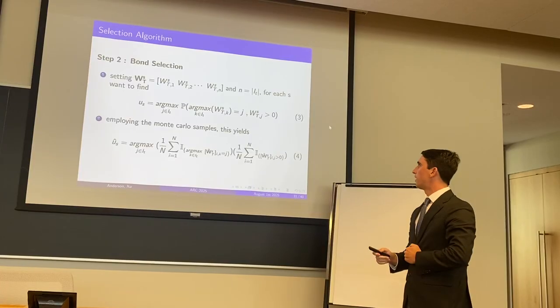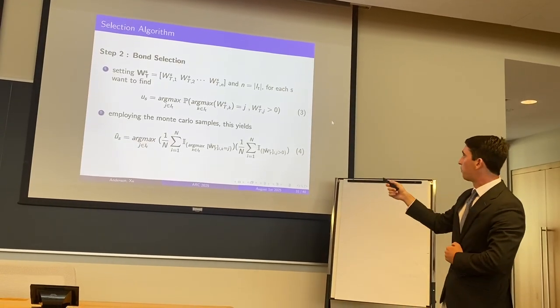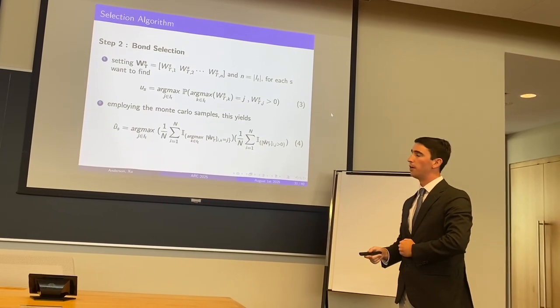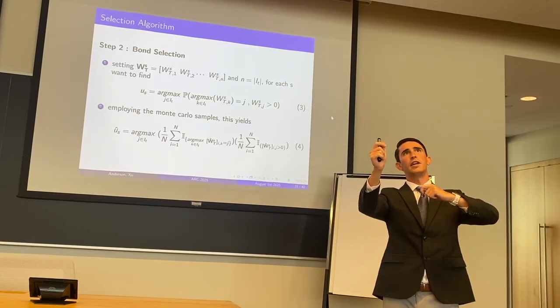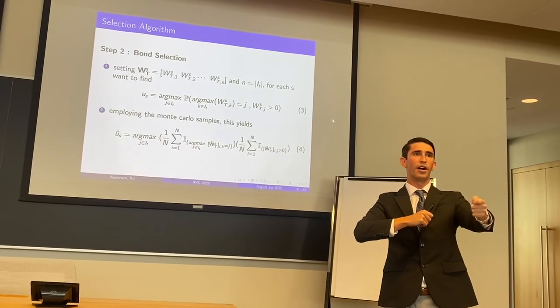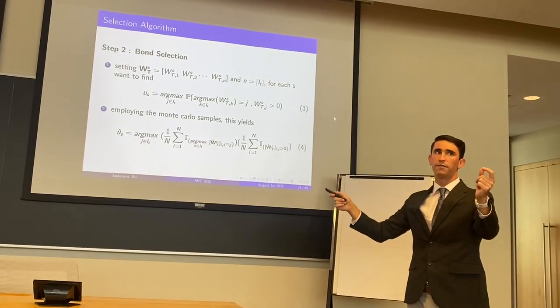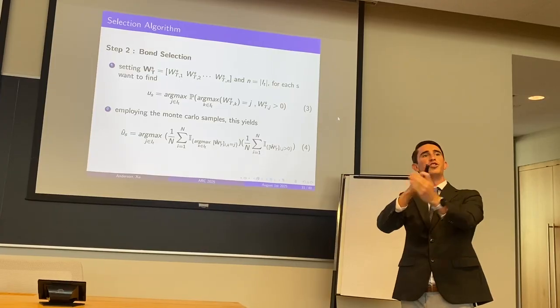So we have this set of math in which we are interested in maximizing a joint probability, where we care about whether the difference constructed from selling a single bond is the largest of all the bonds you could choose to sell.